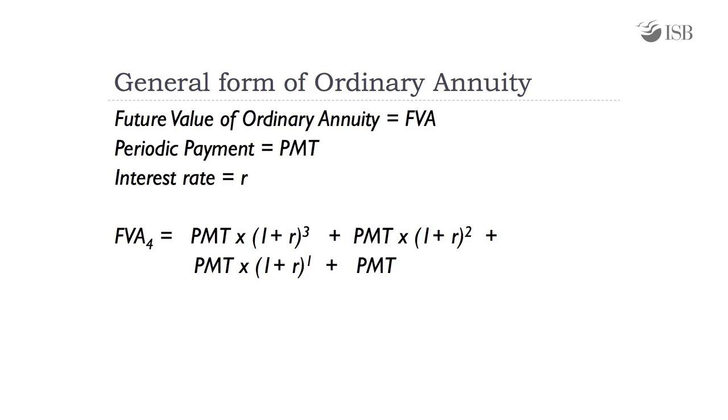Then we have FVA sub 4 equals PMT times (1 plus R) raised to the power of 3, plus PMT times (1 plus R) raised to the power of 2, plus PMT times (1 plus R) raised to the power of 1, plus PMT times (1 plus R) raised to the power of 0.